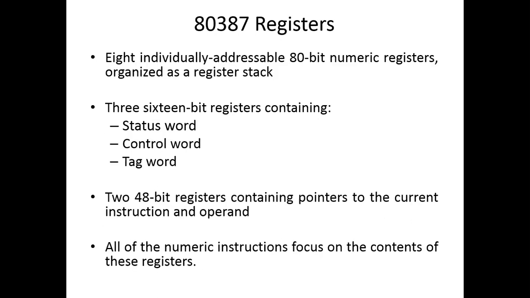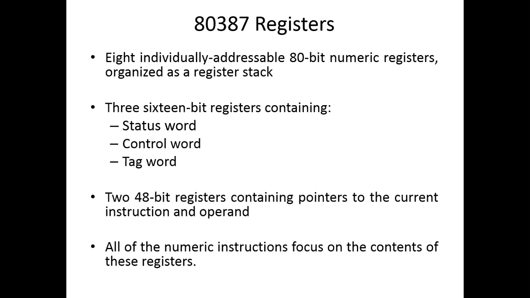The 387 has 8 individually addressable 80-bit numerical registers organized as a stack. Each is used as an 80-bit register, and we have 8 stack registers, and the top of the stack is indicated with ST0.